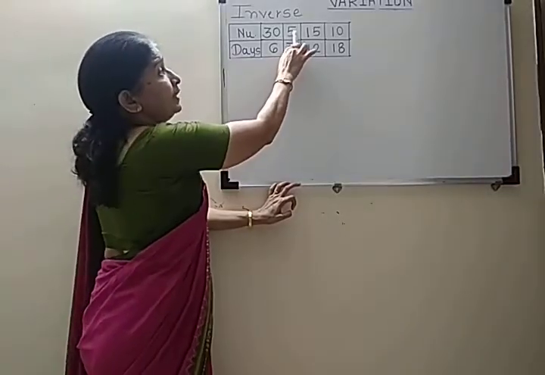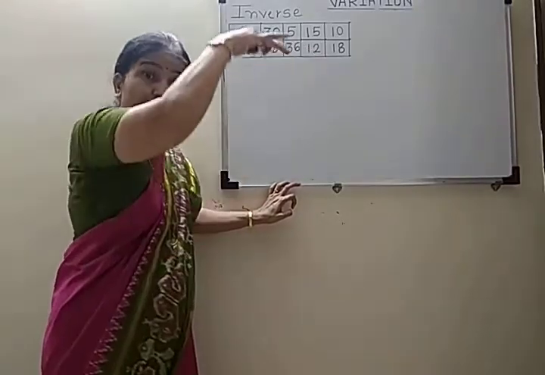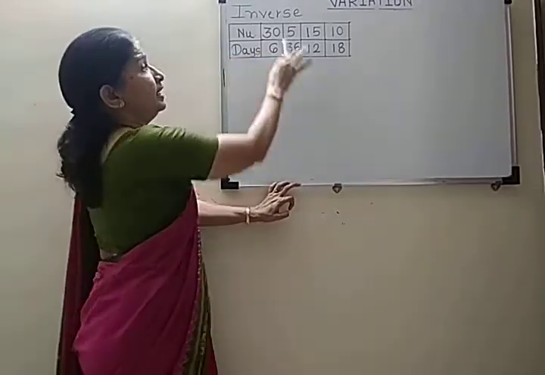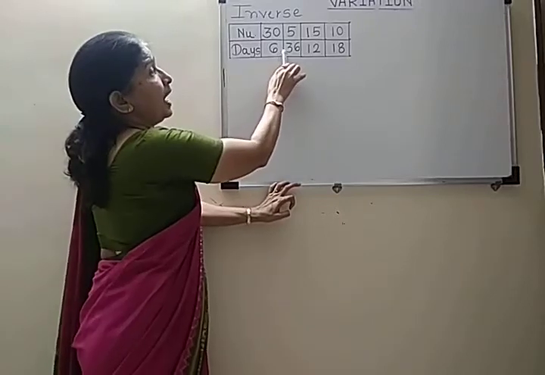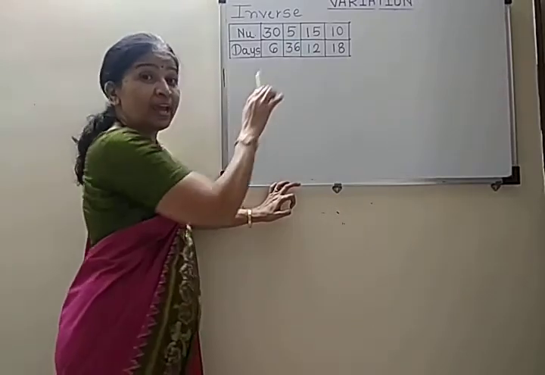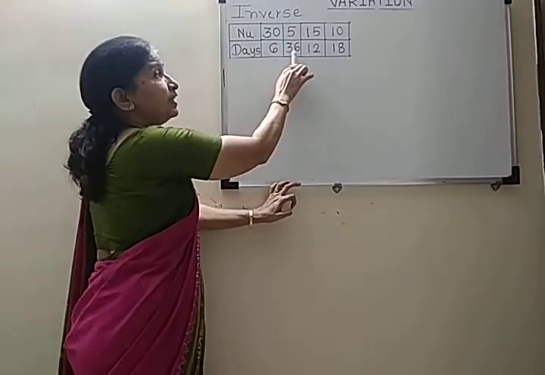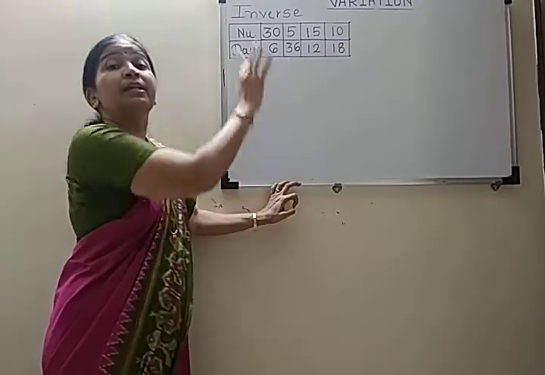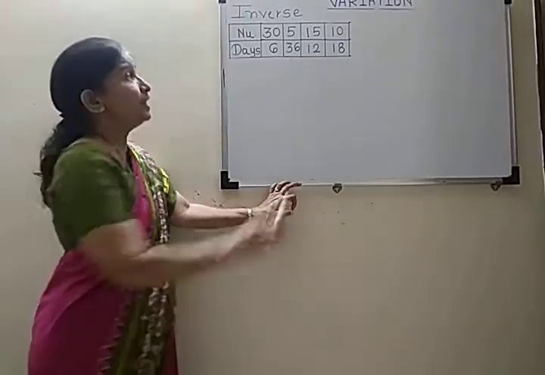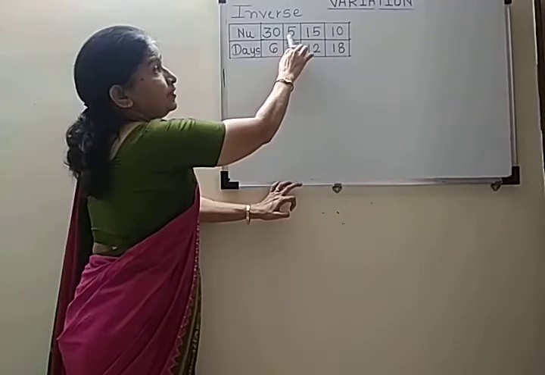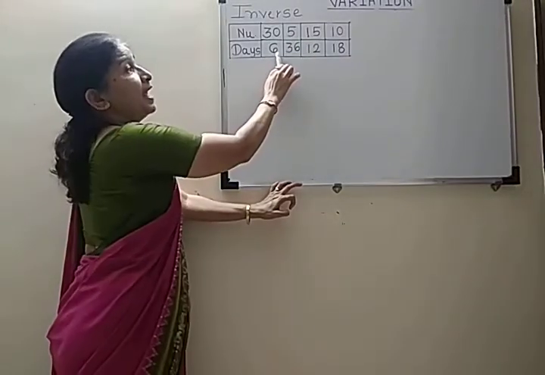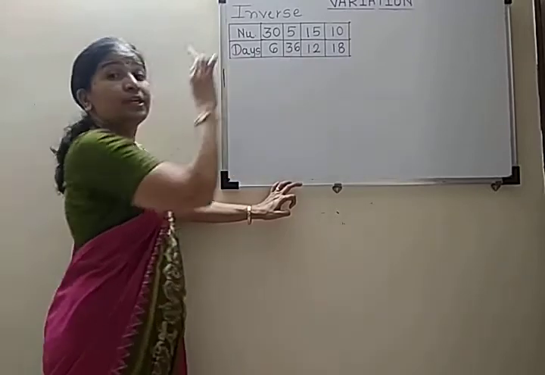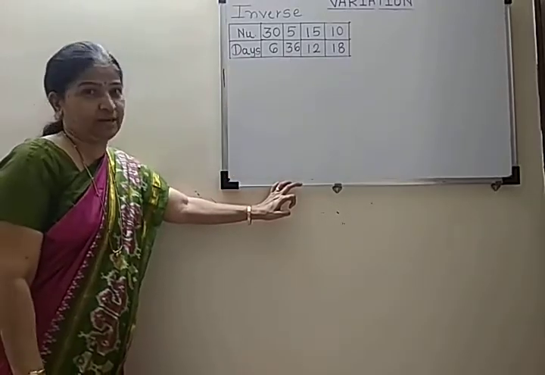But when the number of workers decreased, it became 5, and the days to complete the work increased. Means a decrease in one factor causes an increase in the second factor.